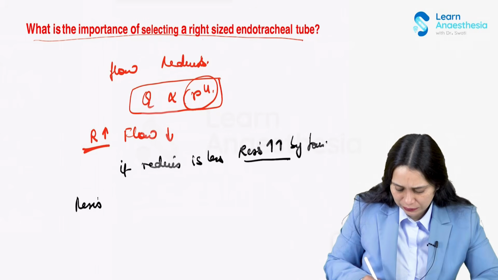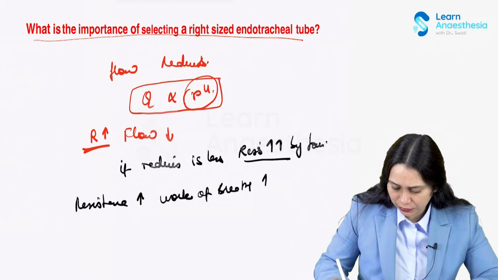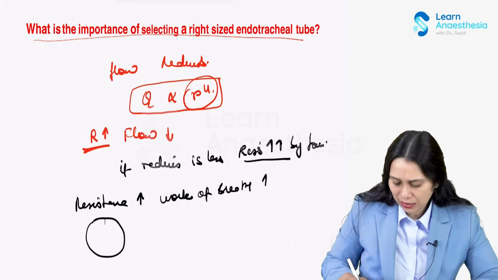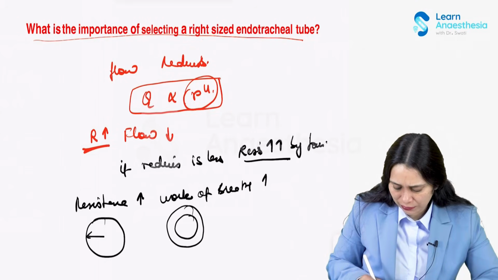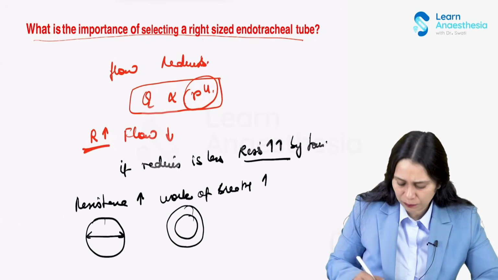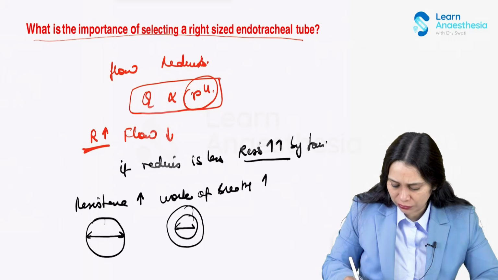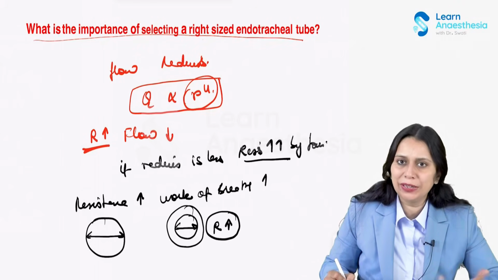So if you see, this is the cross section of trachea, and this is the cross section of trachea with a tube. So what is happening? When the gas flows through the trachea, it is passing through a larger diameter or larger radius, and when it is through the ET tube, it is passing through a lesser diameter. So definitely the resistance will always increase when the patient is breathing through an endotracheal tube.